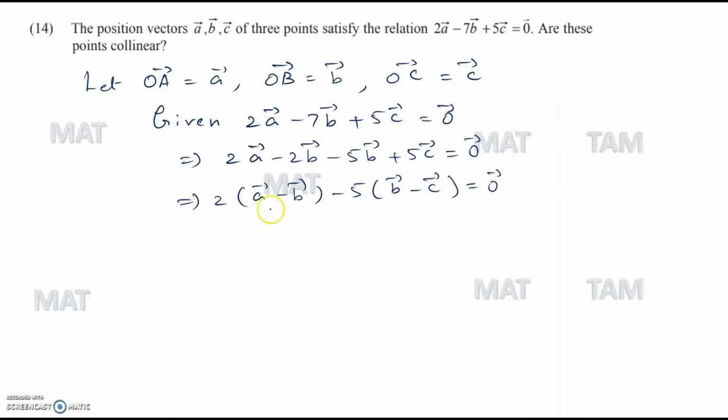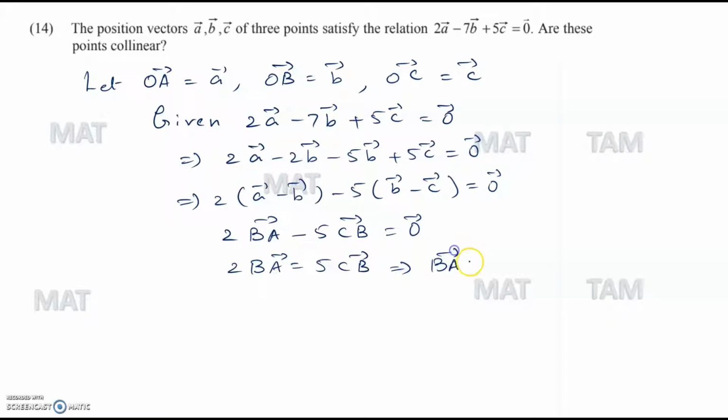Now we know that a minus b vector is nothing but BA vector, so it is 2 times BA vector minus, and this is CB vector, 5 times CB vector, is equal to 0 vector. Now that means 2BA vector is equal to 5CB vector, which means we can write BA vector is equal to 5 by 2 CB vector.